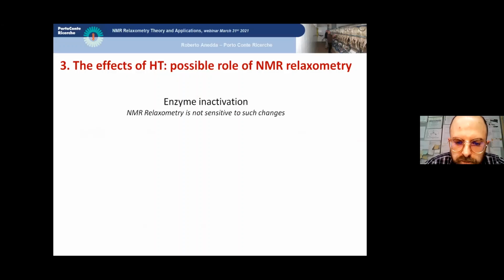That's why they have been used as markers of thermization. Sometimes inactivation of some enzymes like lipoprotein lipase helps in increasing milk shelf life, but these spot variations are not detectable by NMR relaxometry.